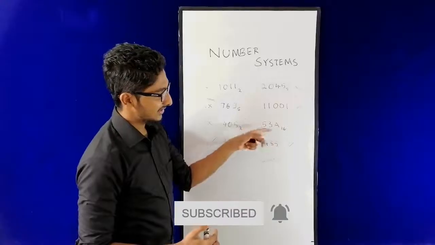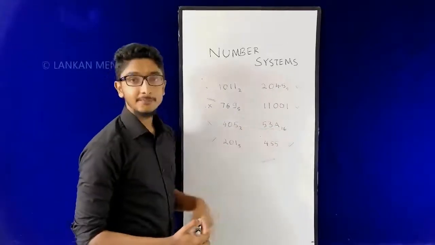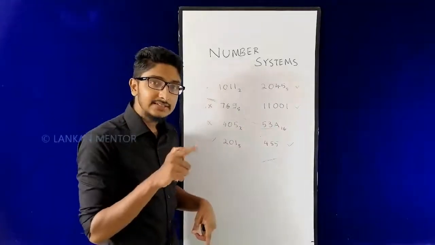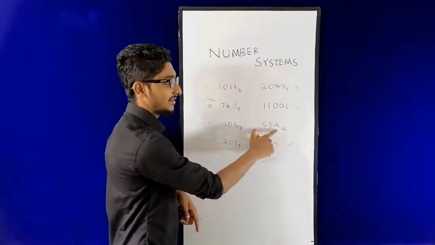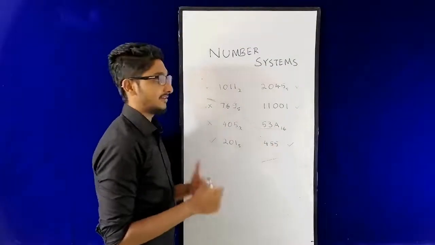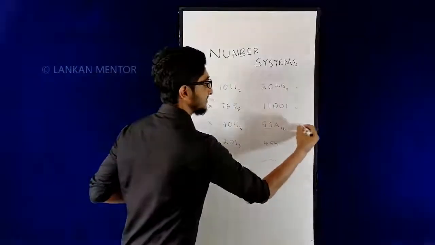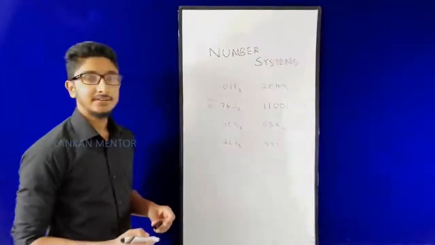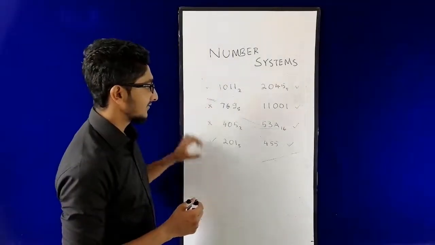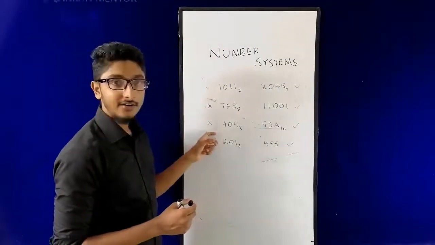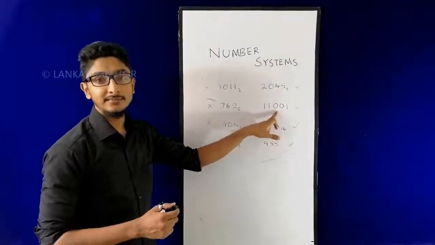Now we missed this thing. 53A. A, where does it come into? Hexadecimal. So the base is 16, right? That is also valid. So try to understand the difference, why these things are wrong and why this is not a binary number.